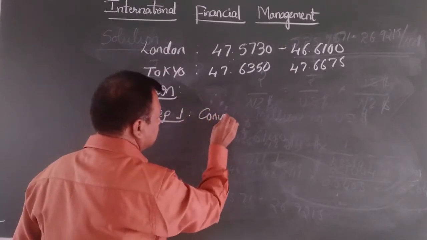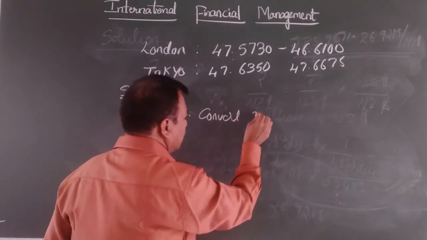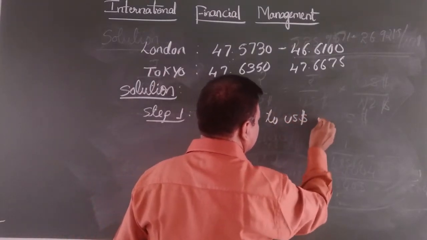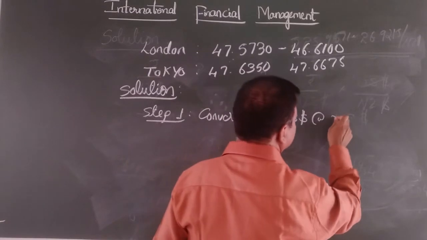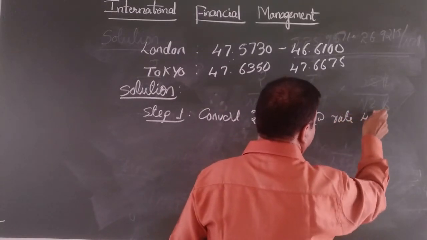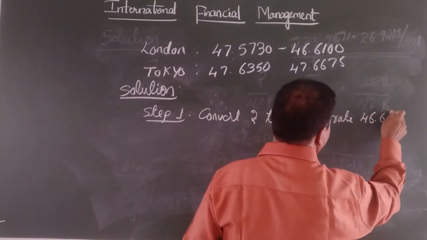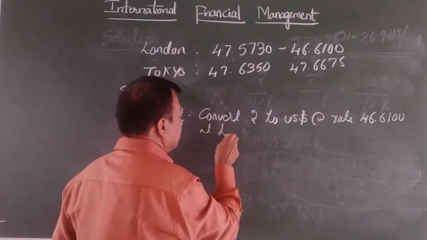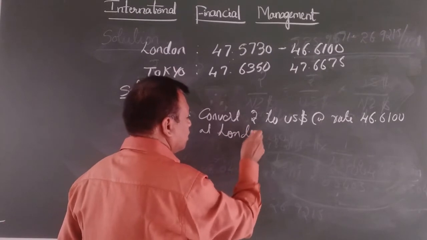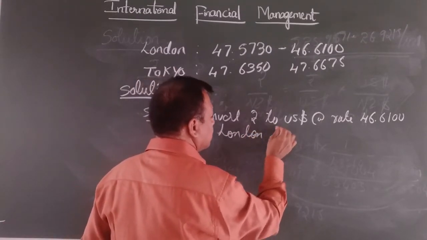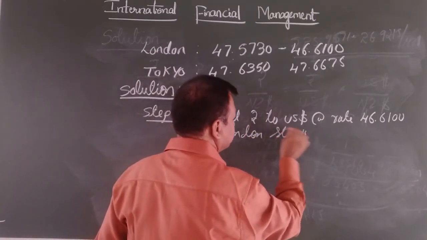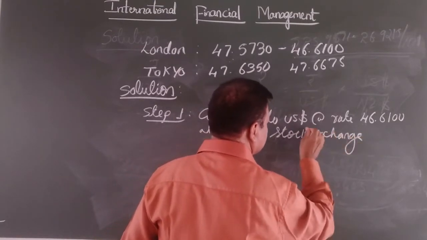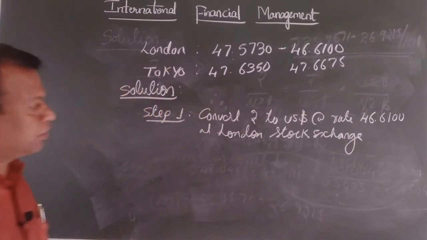Step 1: convert rupee to US dollar at the rate of 46.6100 at the London Stock Exchange.